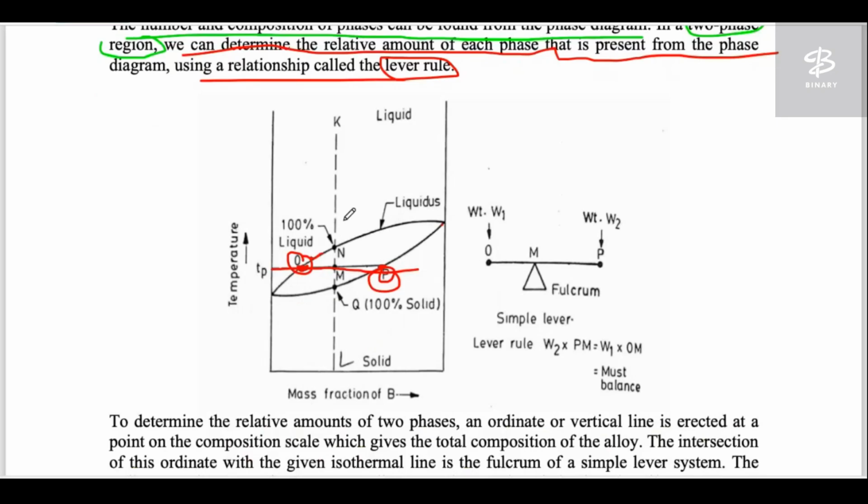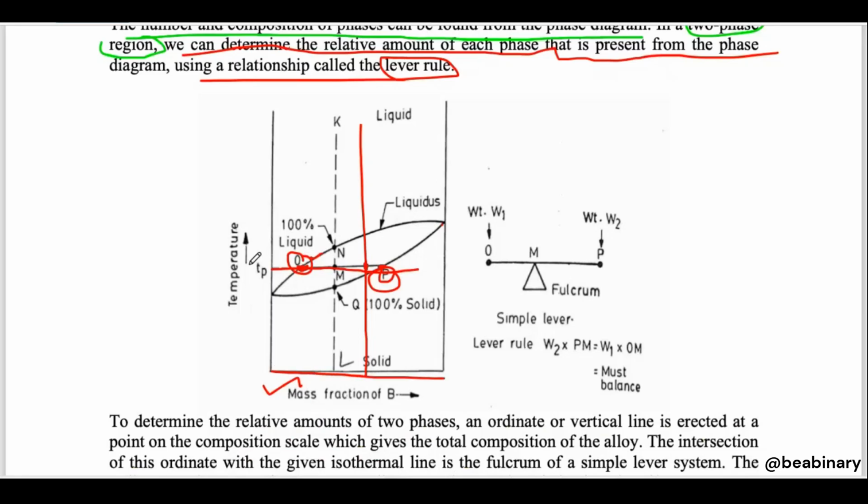If you have a composition, and you need to know the composition here, it would be the middle point. Now you can apply the lever rule. Because it's a composition, the concentration by weight of your component is on the x-axis.